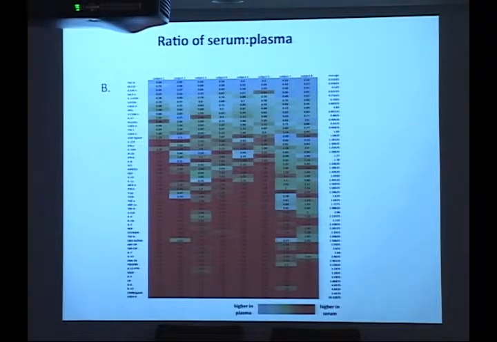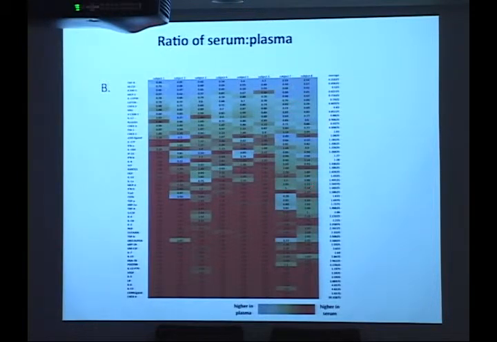I know that you can't see it, but what you can see here, and that is the important part, is that not only are there some that are higher in plasma versus higher in serum, but also that every individual has their own specific pattern, and that also ties into some of what Holden mentioned with Jake Glanville, who is currently working on the profiling of these samples.